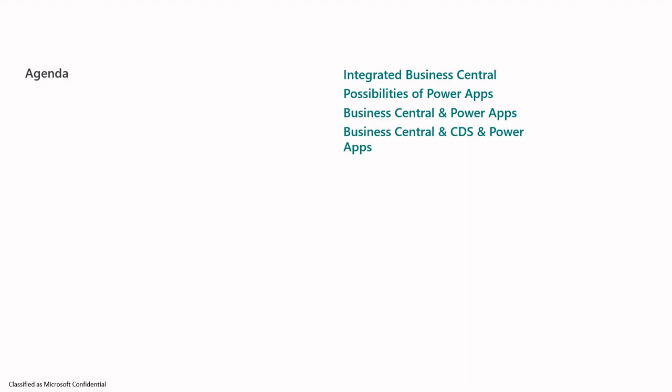As part of that, we will check what Power Apps is, understand why we need Power Apps, and what its possibilities are. Then we will start digging into Business Central integration with Power Apps, so with Business Central connectors. After that we will also include the CDS, Common Data Service, to build, for example, model-driven applications and so on.